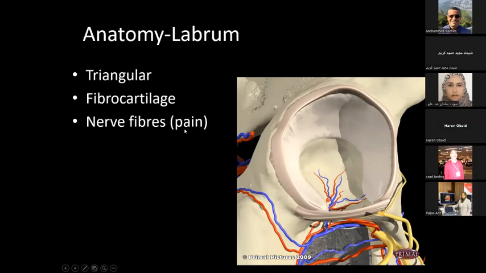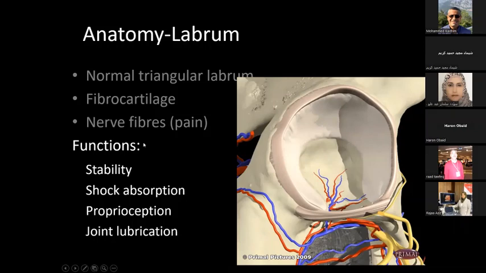So when there is labral pathology, it's normally symptomatic and it's a pain generator. That's the reason for the increasing interest in labral imaging and also surgical management of labral pathology.